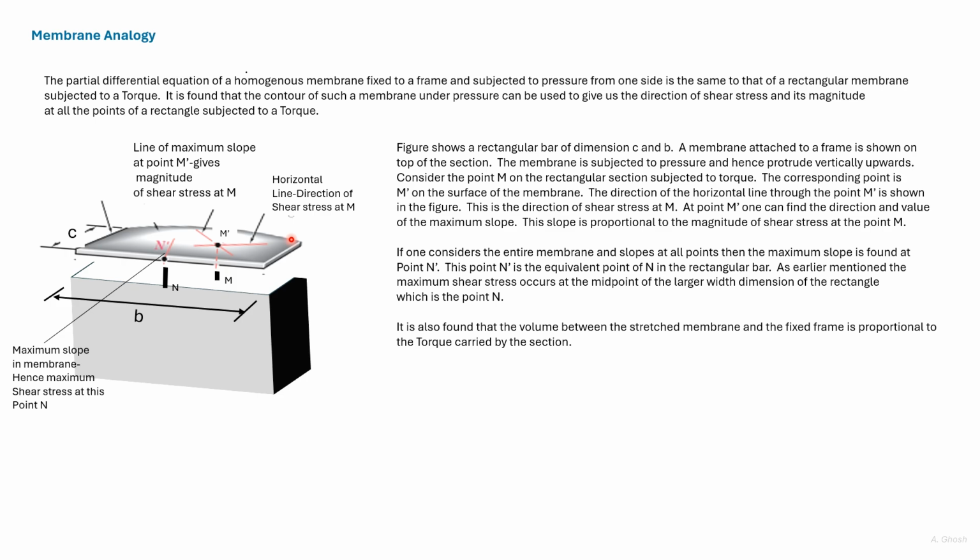The direction of this line is the direction of the shear stress at M. Also, we can take different straight lines passing through M dash and find out the line which has the maximum slope. The slope of this line is proportional to the stress acting at M.